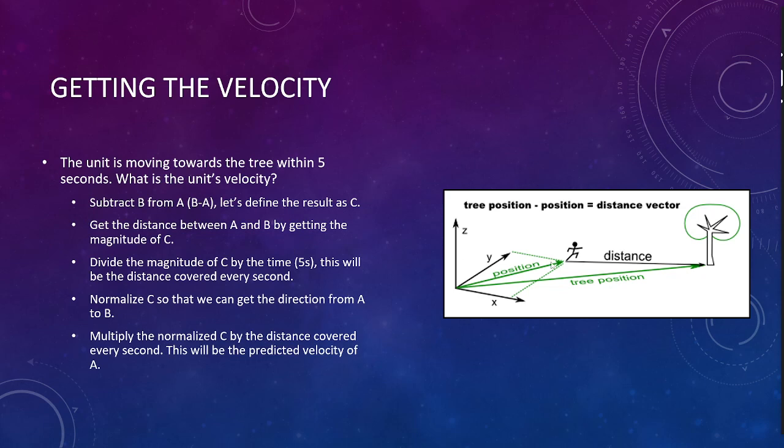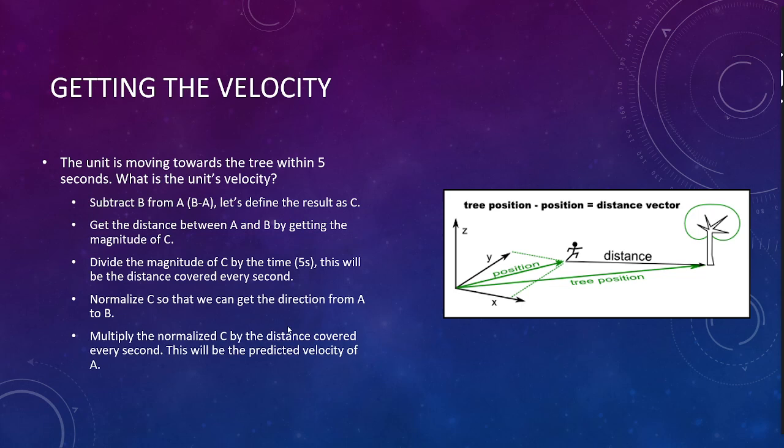If we know the distance, we know that we must be there in 5 seconds. We will get the speed that we need the unit to be going para maabot niya yung tree. So, that will be the magnitude divided by 5.